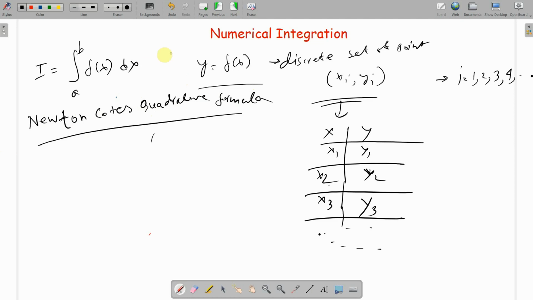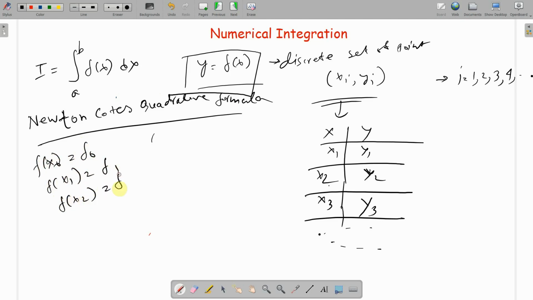I am considering y equals f(x), and I'll be writing f at the x0 point, f of x0 is f0, f of x1 is f1, f of x2 is f2, and so on.